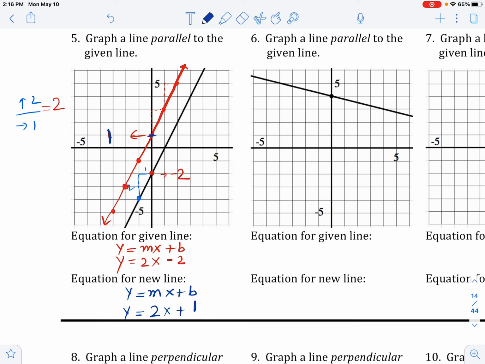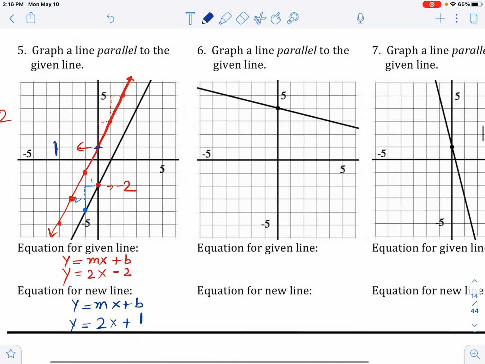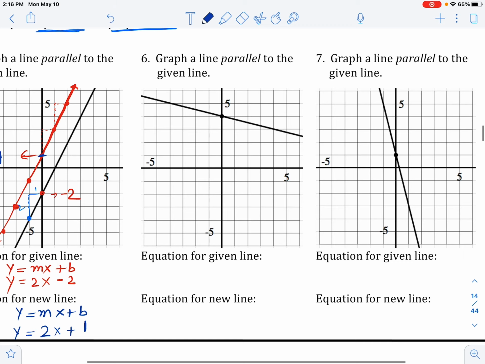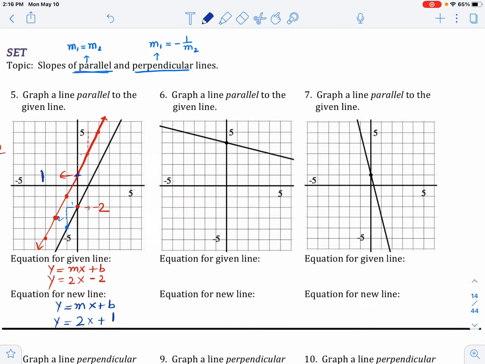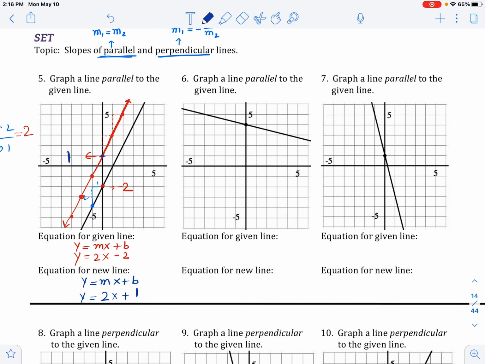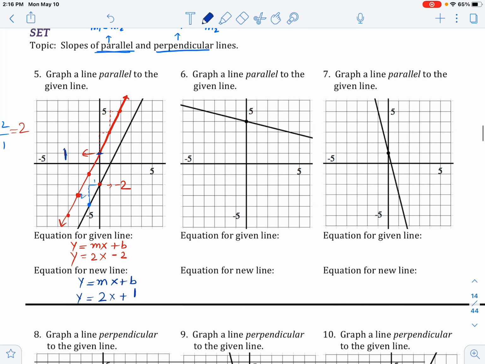I could do one more. I could do this one, number 6, and I can give you the answer for that. When you write the equation of this line, your y-intercept is here at 4. You have to look at the slope.